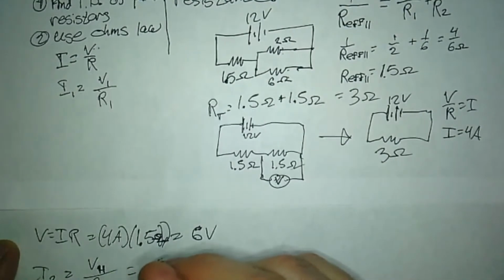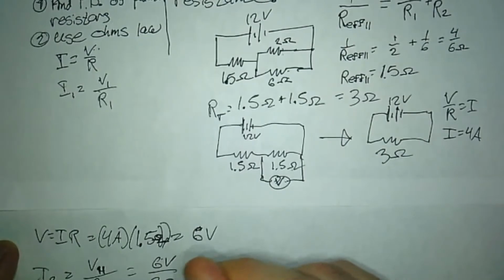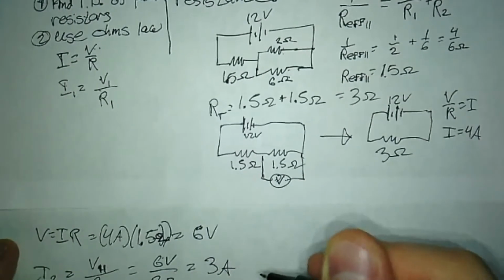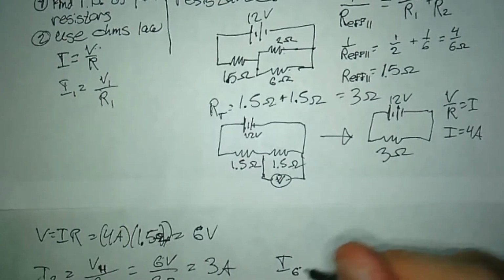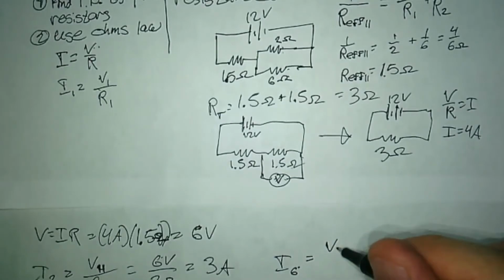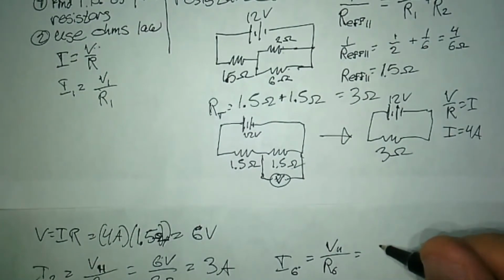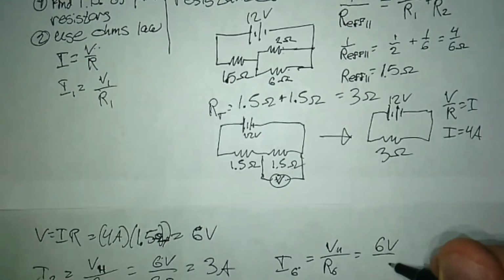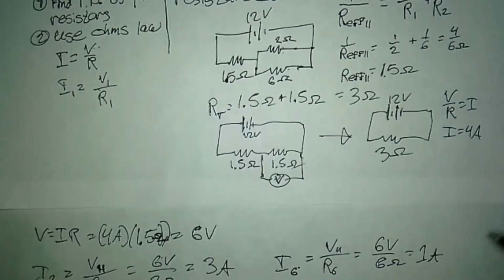So that's going to be 6 volts over 2 ohms, which is 3 amps. And the current through the 6 ohm resistor, call it I6, is going to be V parallel over R6. So that's 6 volts over 6 ohms, which is 1 amp.